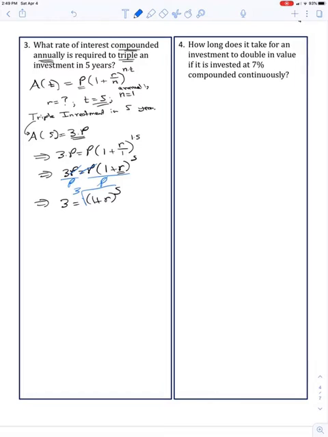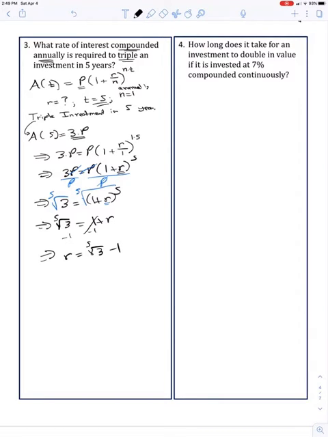Use the principle of roots. Let's take the 5th root of both sides so we can get to R here, unknown. And as we do that, we end up with the 5th root of 3 equal to 1 plus R. And then we can subtract 1 over to solve for R. And R equals the 5th root of 3 minus 1.